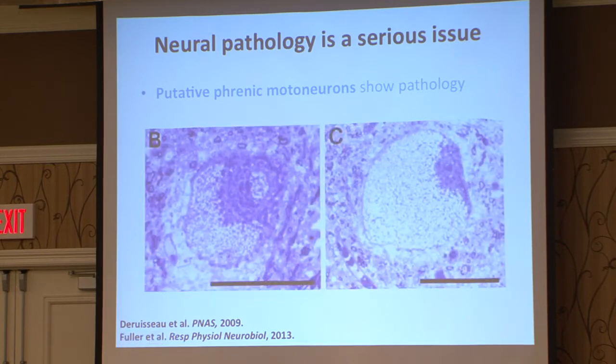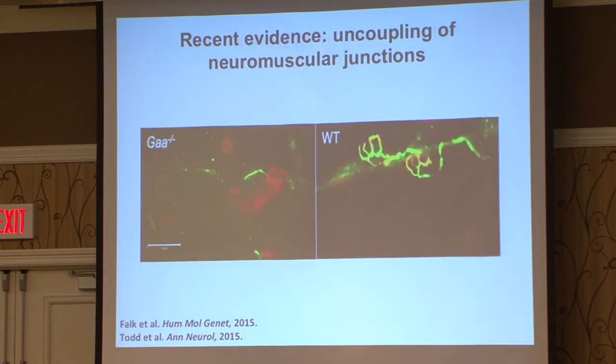And when we blow up those nuclei, when we look at them under higher magnification, we can see that they look swollen in appearance. And the nucleus of the cell is shoved off to the corner. And that's the morphology of a sick motor neuron.